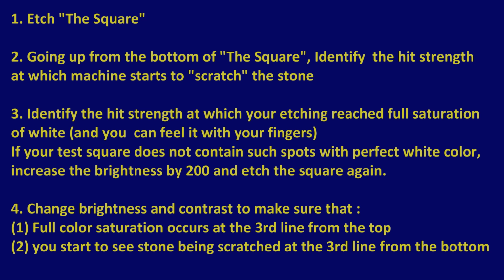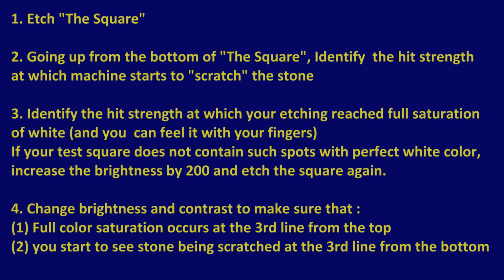If you cannot do it because it is too dark, bump up the brightness by, I would say, 300 units, etch the square again, then identify that color number and convert it to heat strength.